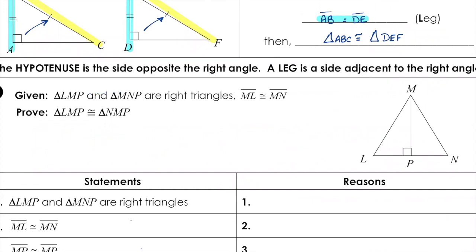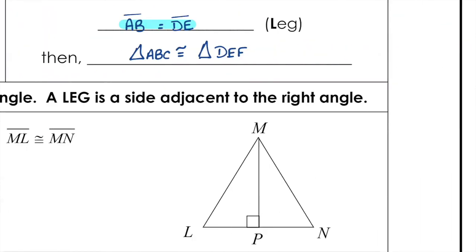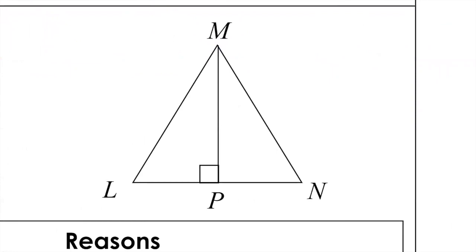So it says LMP and MNP are right triangles. So what if I told you that you did not have this? What if we take that piece out and we're just looking at the diagram?